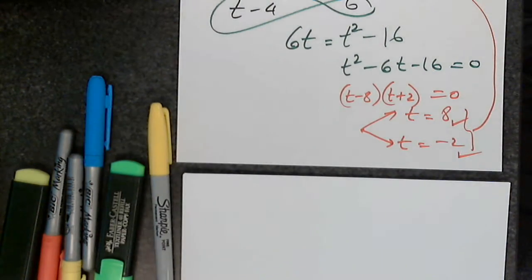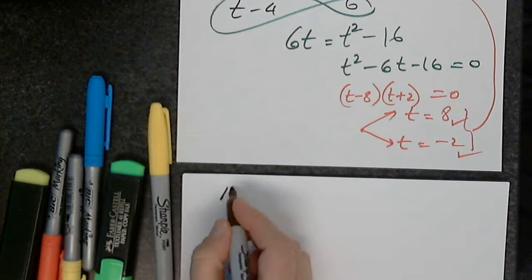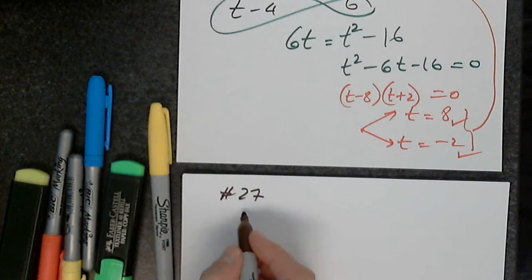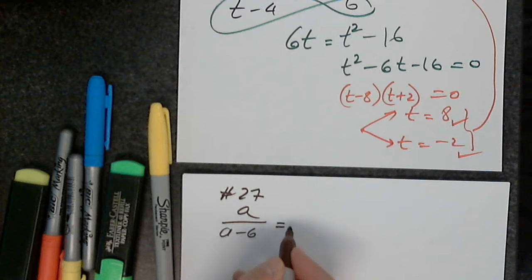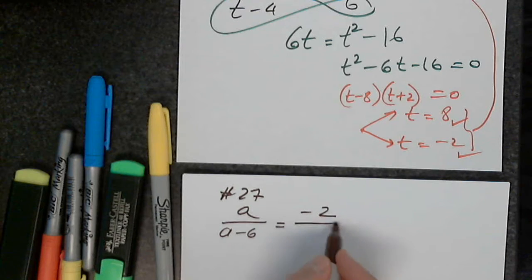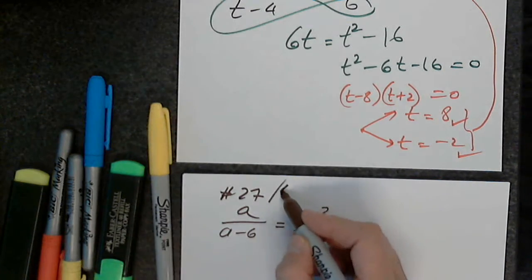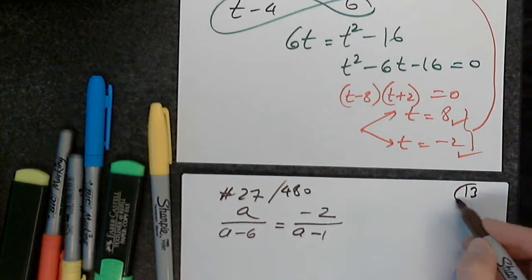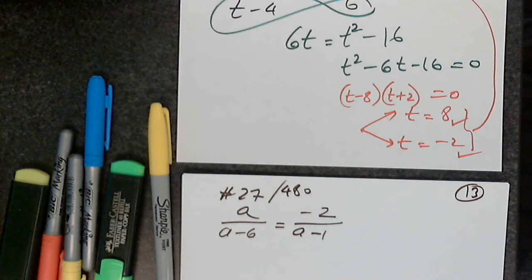Let's look at another proportion, and this time I would like you to work on it. Let's say 27, which is a over a minus 6 equals negative 2 over a minus 1. And it's on page 480. Okay, 1 minute. Don't forget restrictions. Don't forget to check against the restrictions.